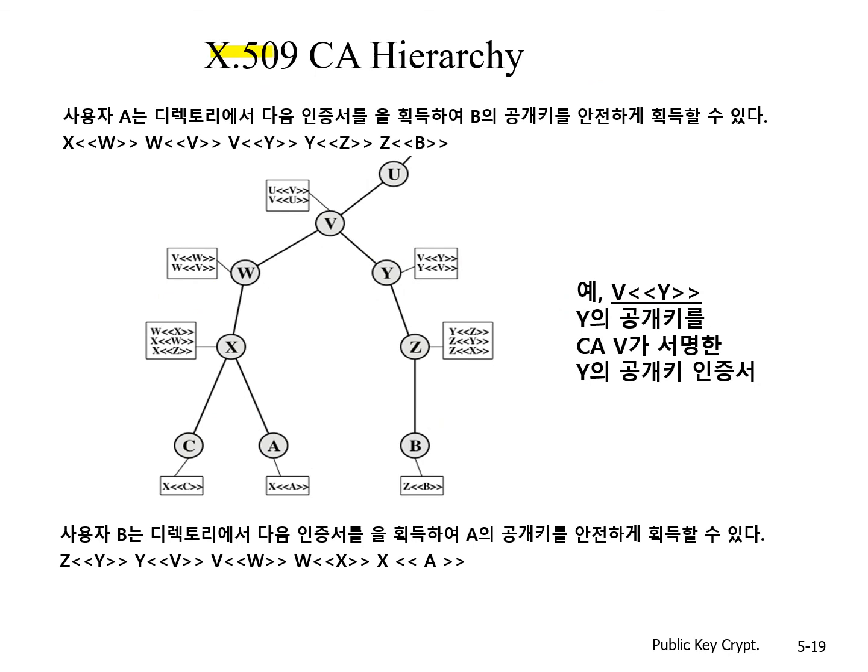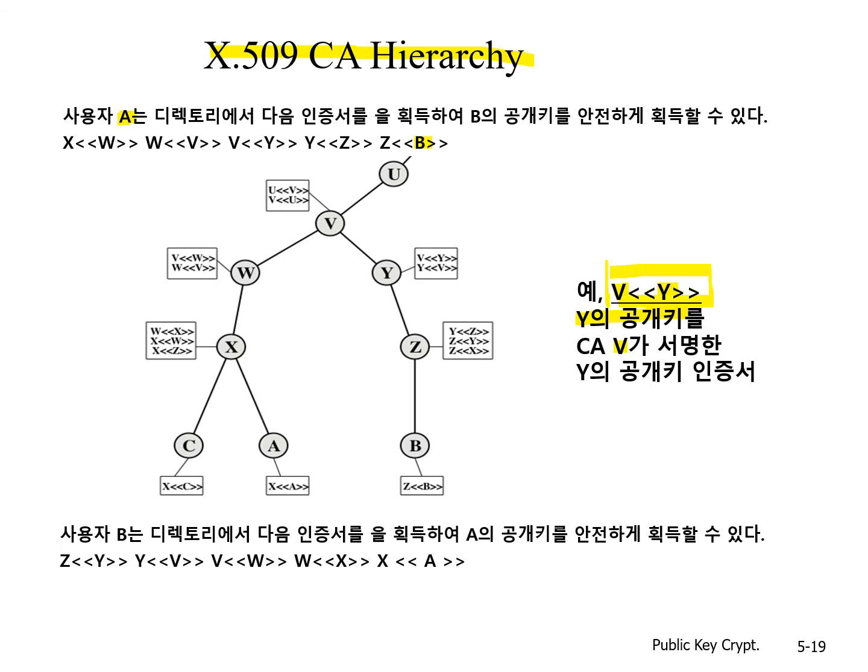Okay, the X.509 CA hierarchy. Alice wants to obtain Bob's certificate. Here Y means the owner of the public key, and V is the CA who signed the certificate.